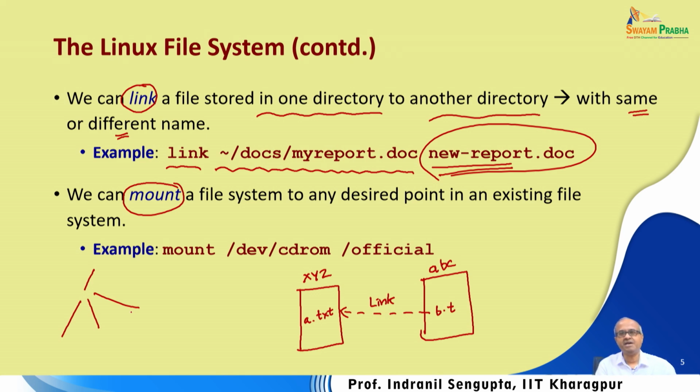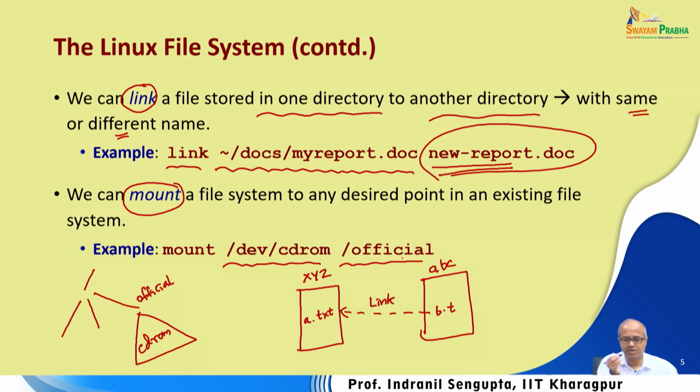But after inserting, how do I use it? What I do, this entire CD-ROM I mount somewhere in my existing file system, and I can give it some name. For example, in this example I give it the name official. So, this dev CD-ROM, the device driver for CD-ROM, gets mounted at /official.